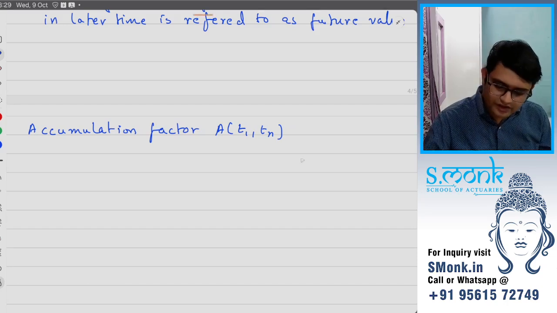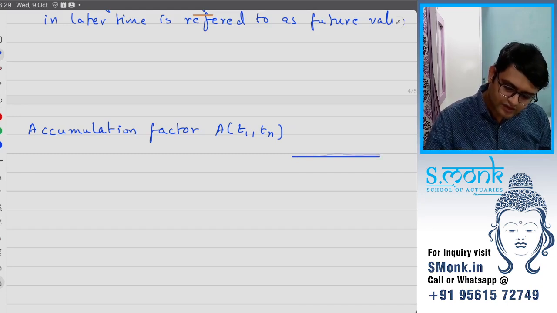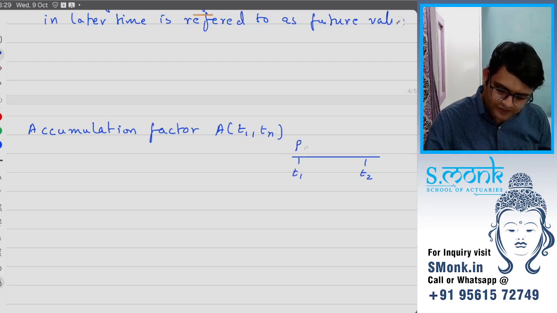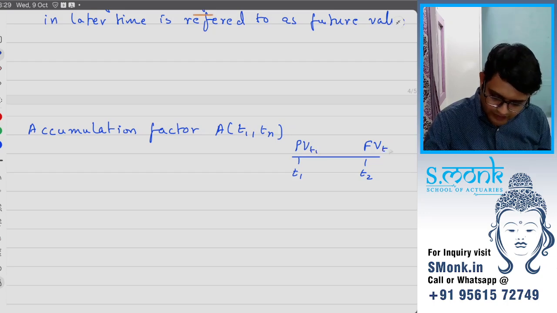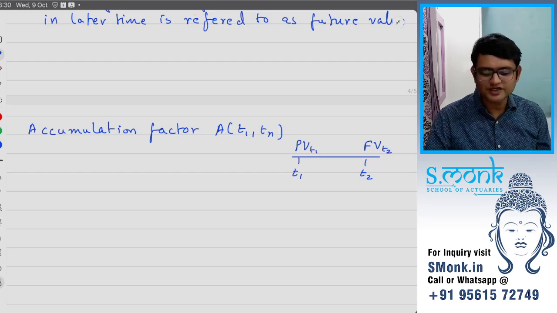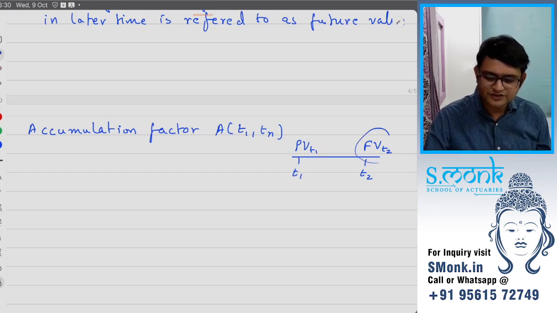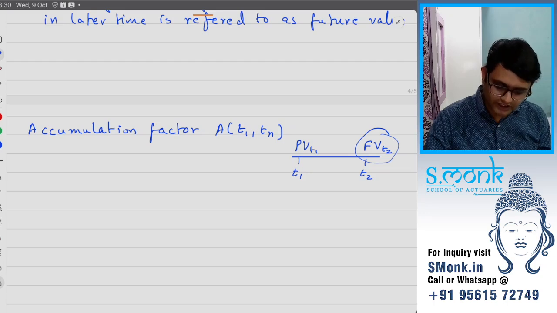Now let's say we have time t1, time t2. This is past in time, so present value will refer to this and future value will refer to this. We can write present value at time t1, future value at time t2. We are saying this much money we have invested at time t1 and this much money we will have at time t2.